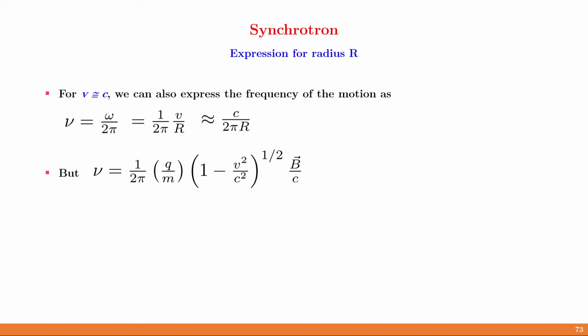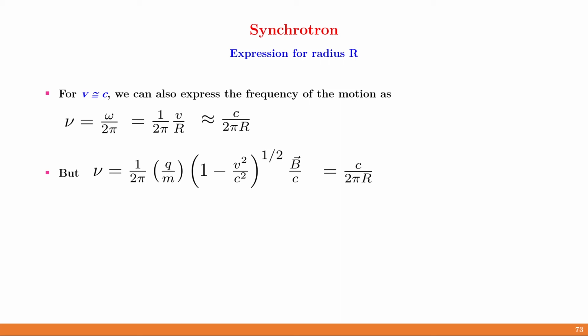But from the previous equation, we have nu as equal to 1 over 2 pi q by m times 1 minus v square over c square to the power of half times B over c.